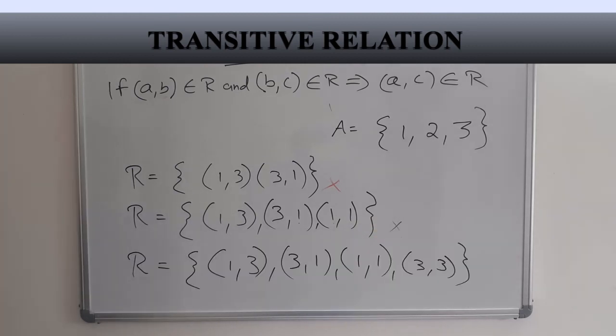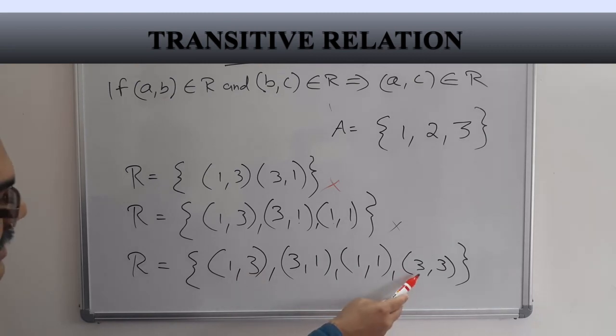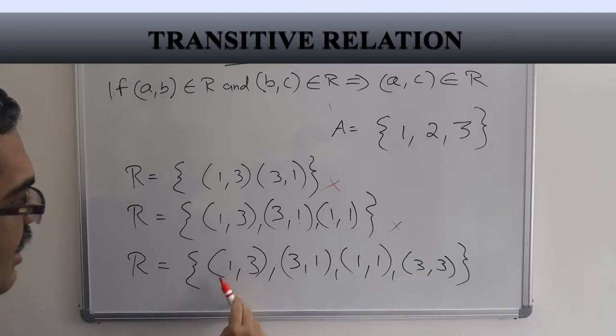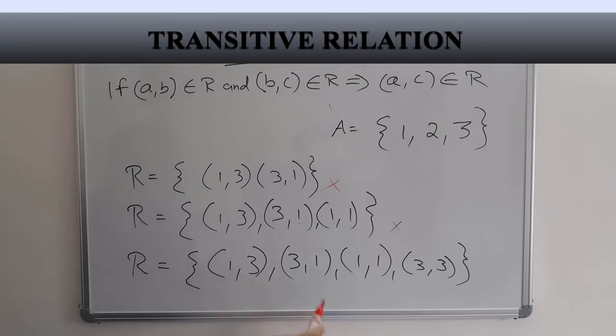What about this relation? We have 1 comma 3, 3 comma 1, 1 comma 1 and 3 comma 3. So we know that this is the first one, this is the second one and this is the third. And we have a 1 comma 3 here and this will come as second with 3 comma 3, and we expect a 1 comma 3 and that 1 comma 3 is there. And we take this as the first pair, 3 comma 1, and we have 1 comma 3 here, and with 3 comma 1 and 1 comma 3 we have 3 comma 3.